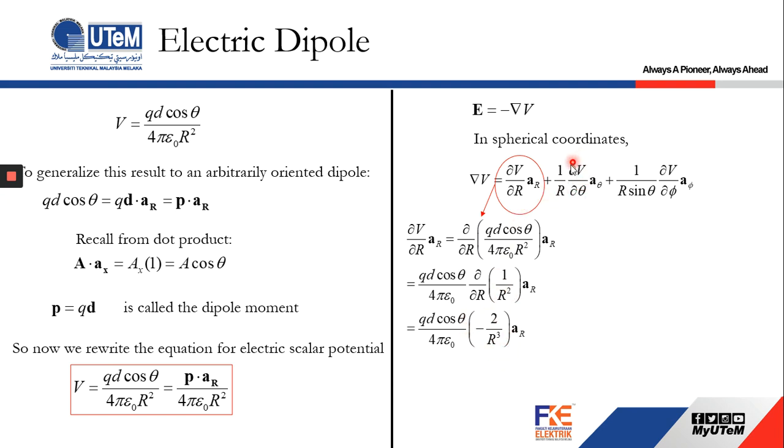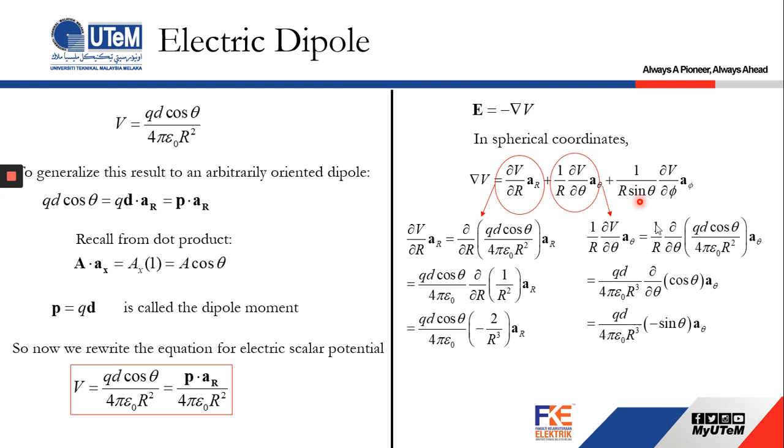Now we replace the same value of V in the theta component, and now we differentiate over theta. All the other variables other than theta we take out as a constant. And when we differentiate cos theta, we get negative sine theta. Because we have a negative here, and we have a negative from the original equation, the negatives cancel out.